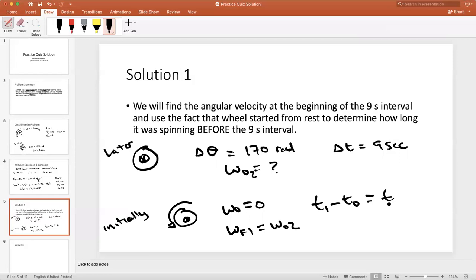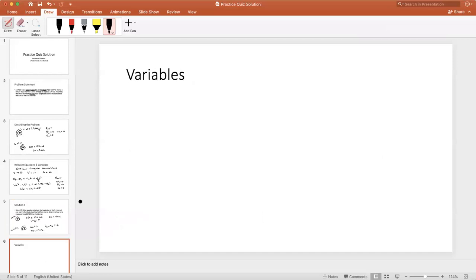the angular displacement. Okay. That being said, I need to divide my variables up into 2 distinct times. So there's the initial time. Initially, I was at rest. My initial angle was 0. My final angle, I don't know.